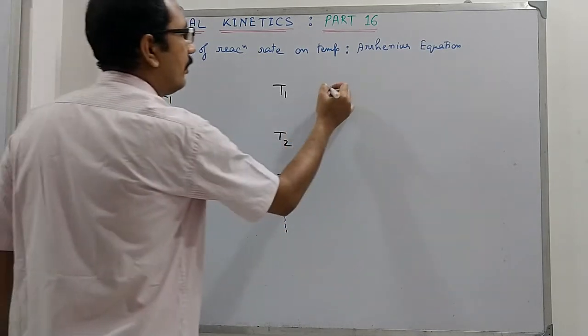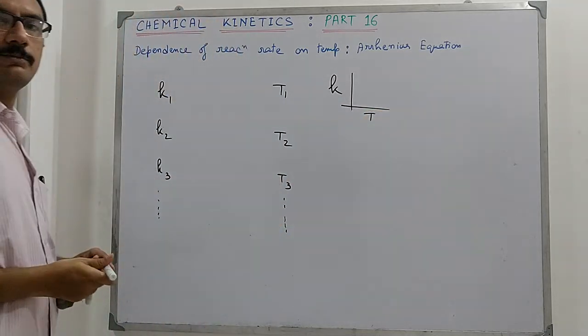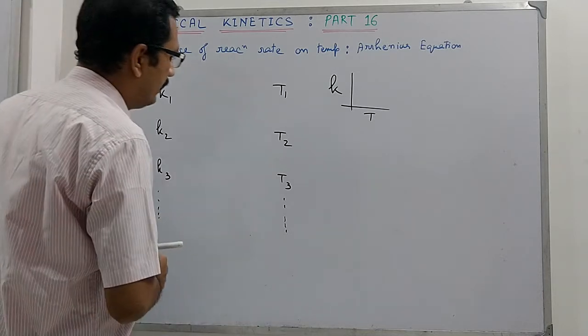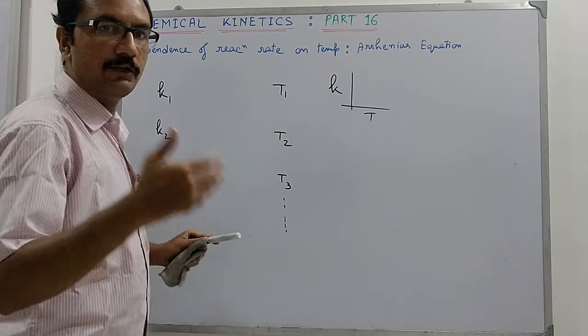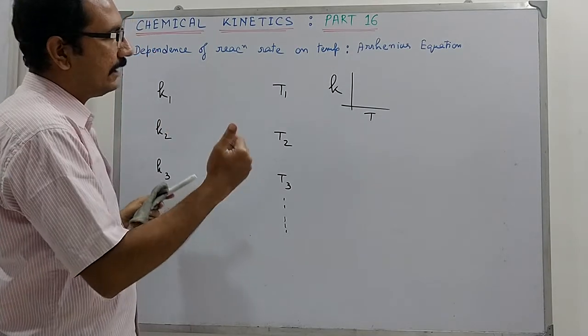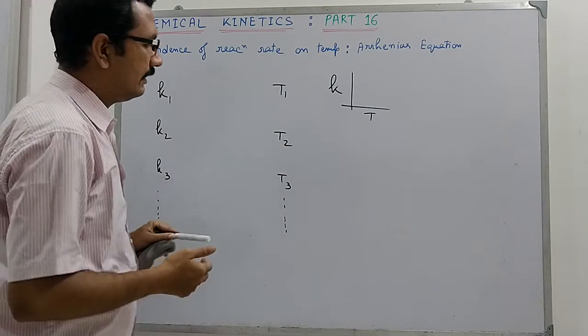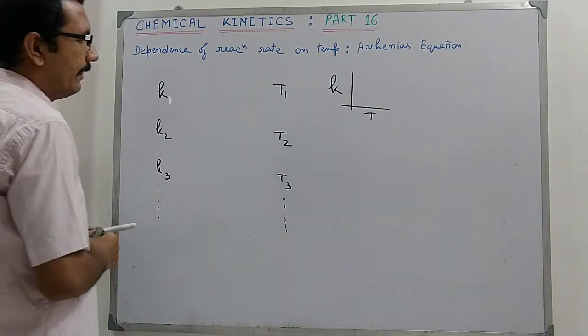Now when he tried to plot K versus this capital T, again he got an absurd plot which is meaningless and there is no pattern. So he opted for a trial and error method, and he was in search that he will get an equation that will relate the rate constant with temperature.